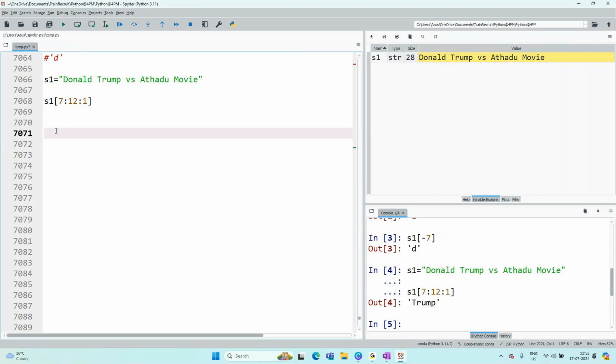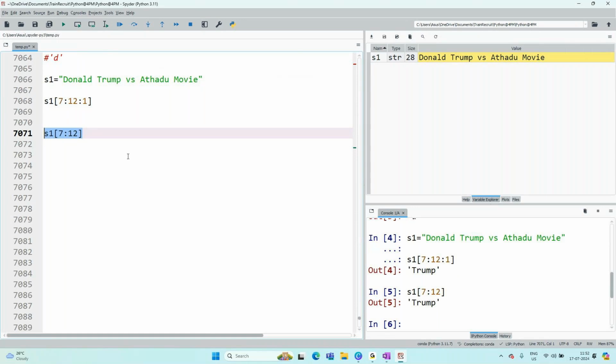Sir, if I don't give 1, what happens? If I don't give 1, it will be same because 1 is by default coming. Understand? One example I'll show you. Other things you have to solve. I won't do it like spoon feeding.